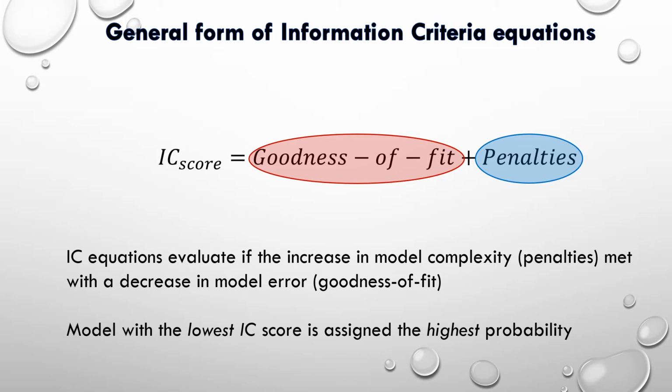The idea is, as the model becomes more complex, you should see a better fit of the data, so your goodness of fit value should go down. When these two are added together, you get an information criterion score, and the model with the lowest score in a set of models is assigned the highest probability that that model represents the true but unknown system.